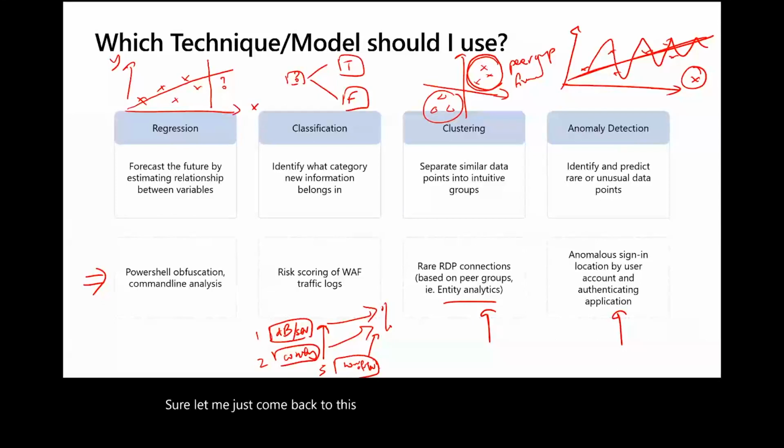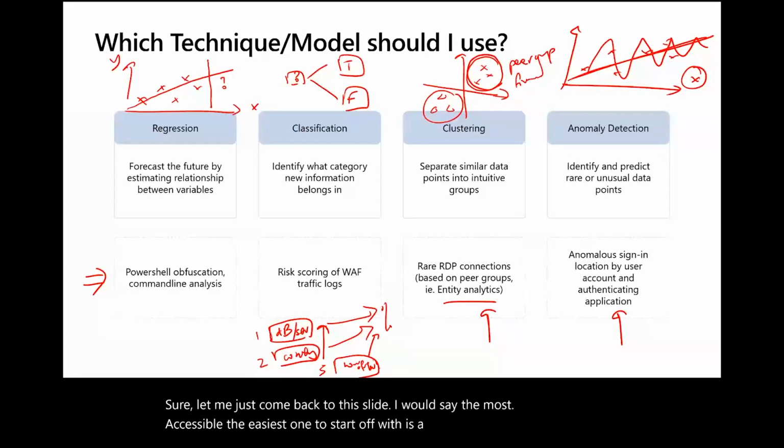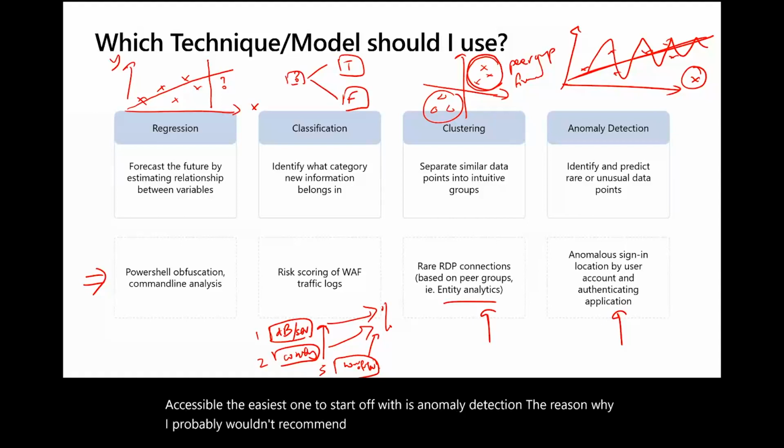I would say the most accessible or the easiest one to start off with is anomaly detection. The reason why I probably wouldn't recommend the rest is because you typically need to have some sort of labeled data. So classification, for example, right?